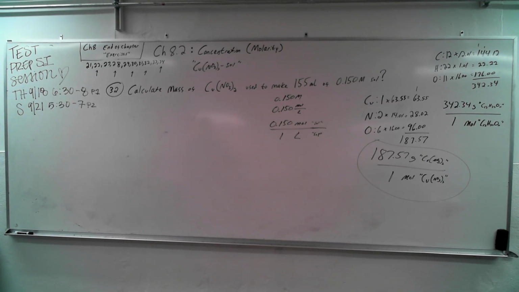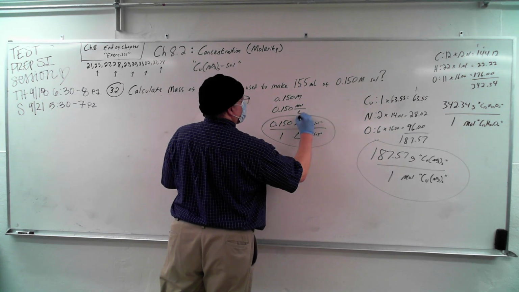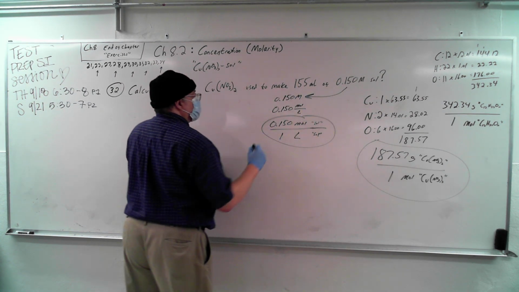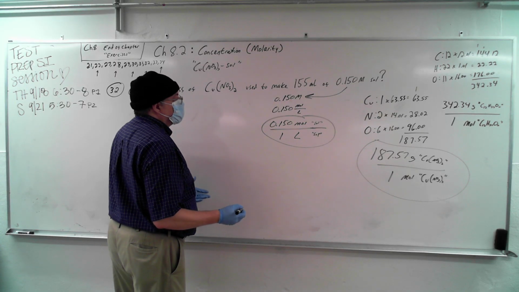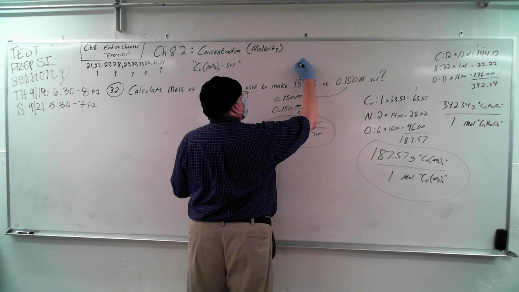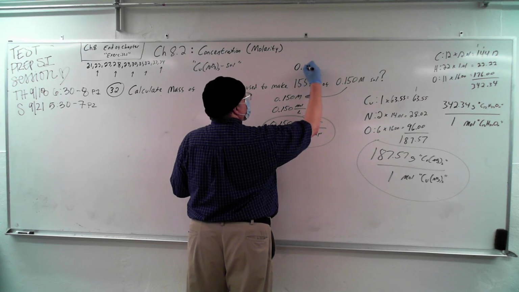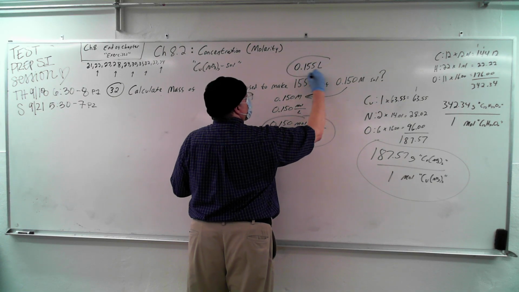All right. So we're going to need that. We're going to need this. It comes from here. And we're going to need the 155 milliliters. You want to go ahead and turn that into liters? 0.155 liters.